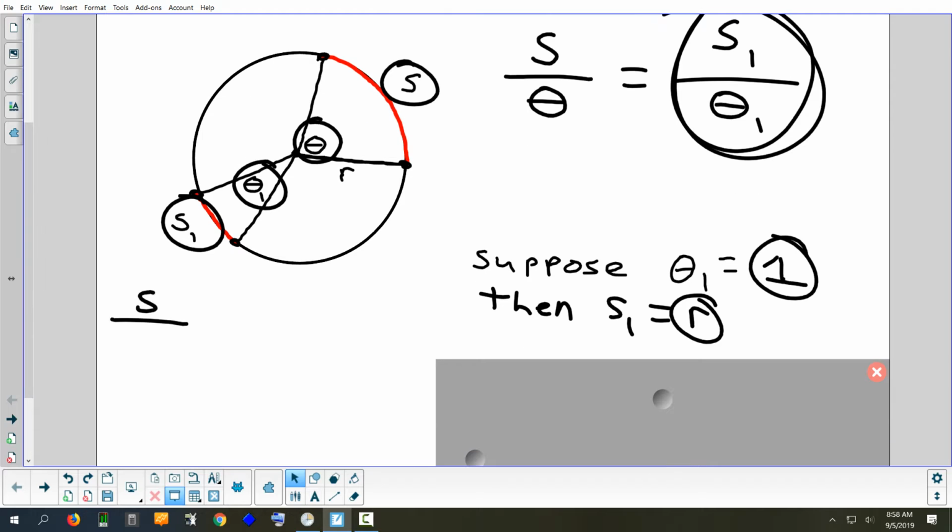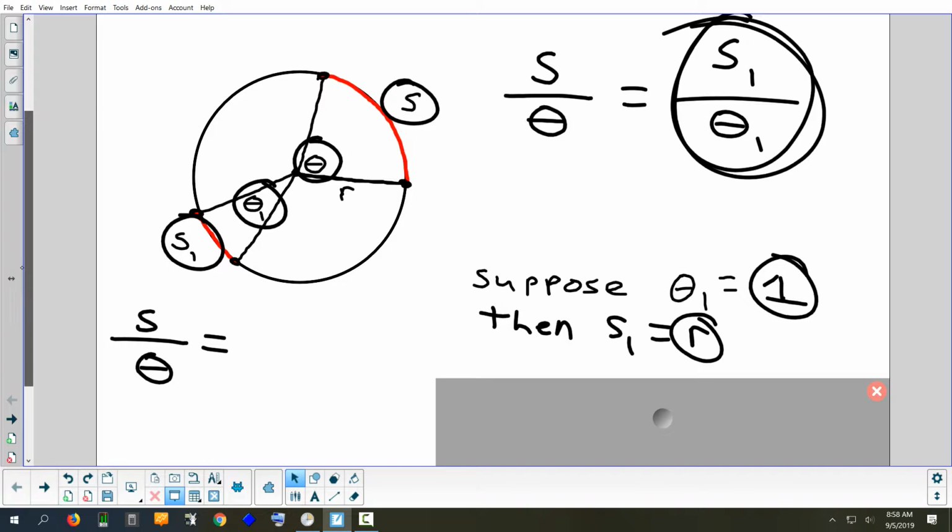So we've got S over theta, and we're going to fill in R over 1. Right. So there's my 1 foot 12 inches. That's like my fact I'm starting with. Now, I think I mentioned it earlier, but when you solve a proportion, does anyone remember the name of the thing you do?